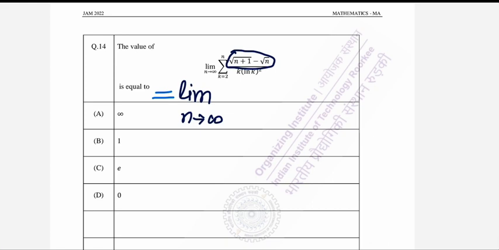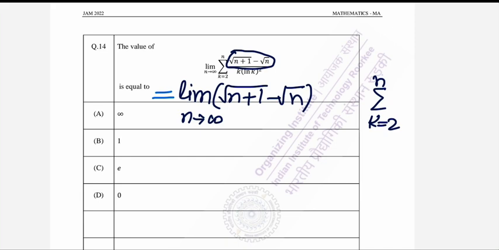I have taken the numerator outside, and here I write the summation sign, which starts from k equals 2 and goes to n. In the numerator it remains 1, and in the denominator you see k, ln k whole square.